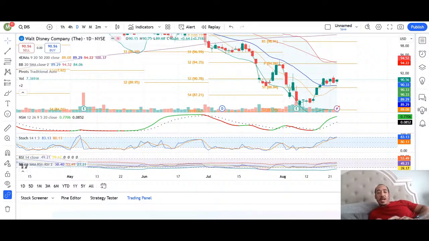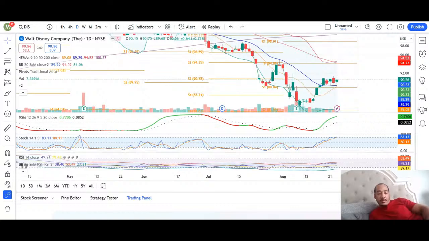The RSI is the one in the middle. Usually when the blue line crosses above the orange line, we are in an uptrend. So it crossed above it, but it is overbought. I don't know, I got a feeling. Hold on, I was supposed to be looking at the play. This is VTI. My bad, y'all.